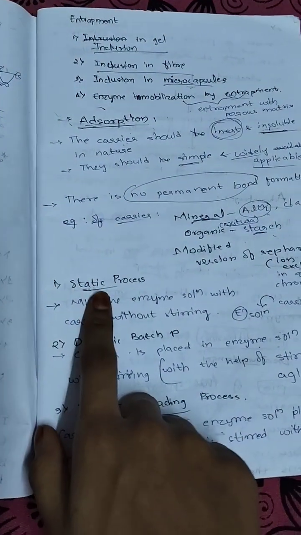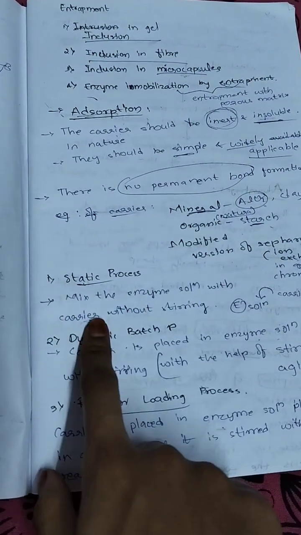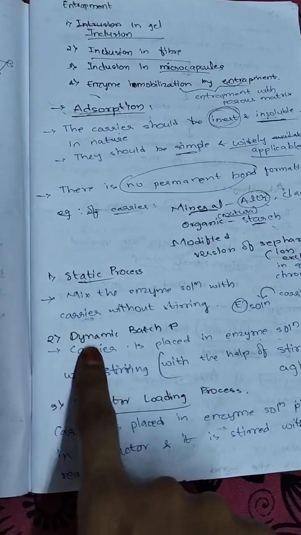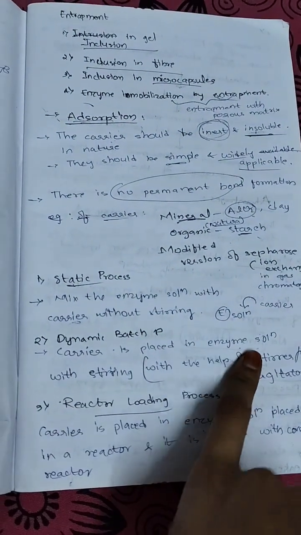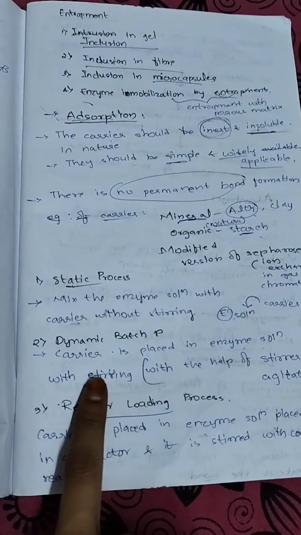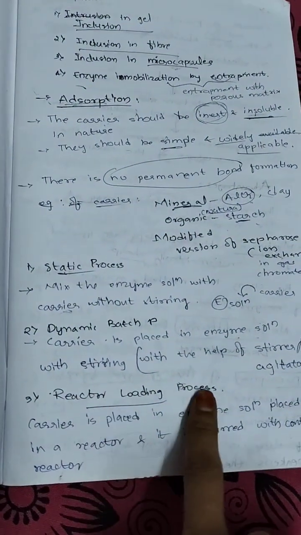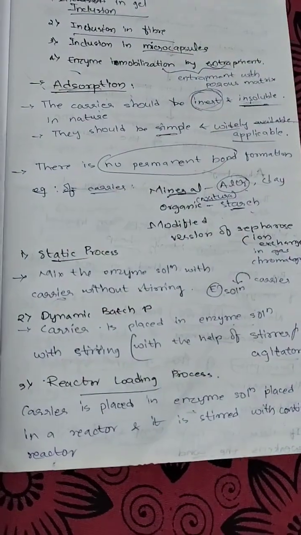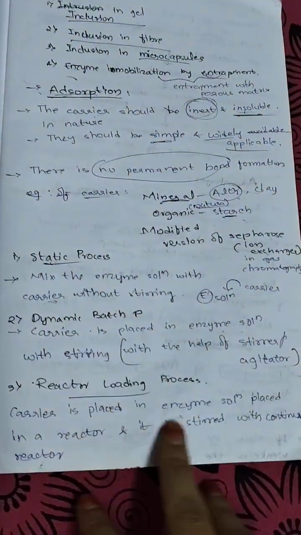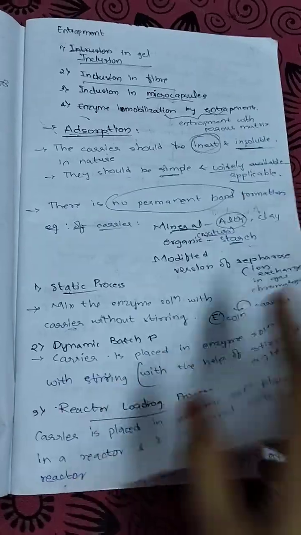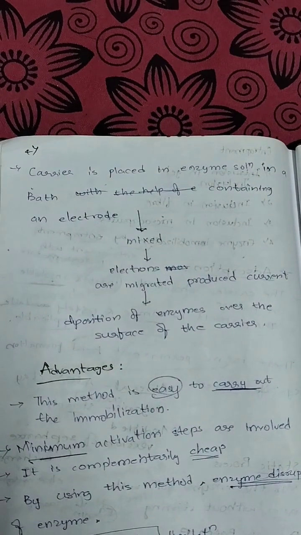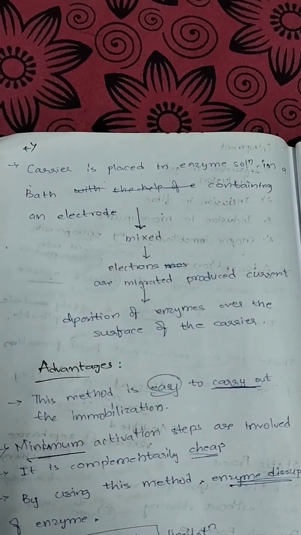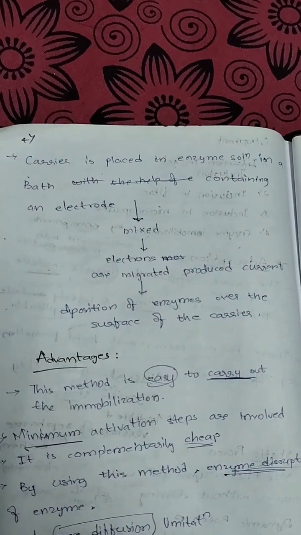In the static process, enzyme solution is mixed with carrier without stirring. In the dynamic batch process, the carrier is placed in the enzyme solution with continuous stirring. In the reactor loading process, the carrier is placed in the enzyme solution in a reactor where continuous stirring occurs. The fourth is the electrode position process.